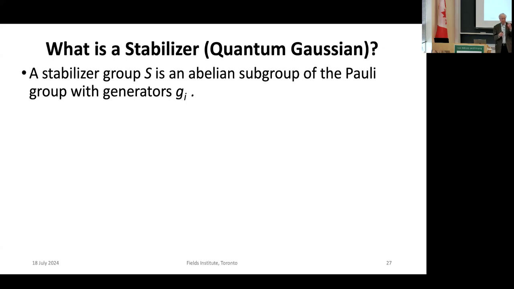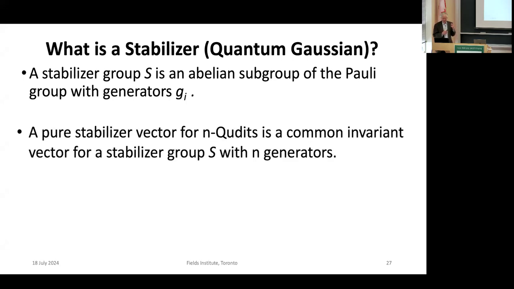The Pauli group is generated by Z, X, and this square root of omega. And we take a maximal abelian subgroup of the Pauli group with generators G sub J.